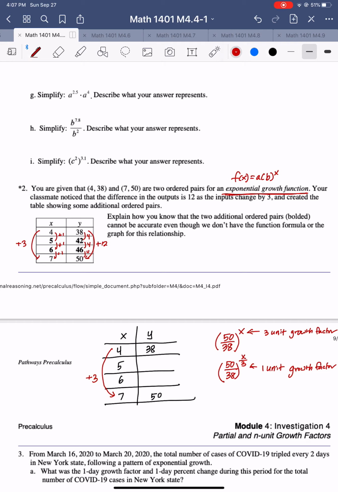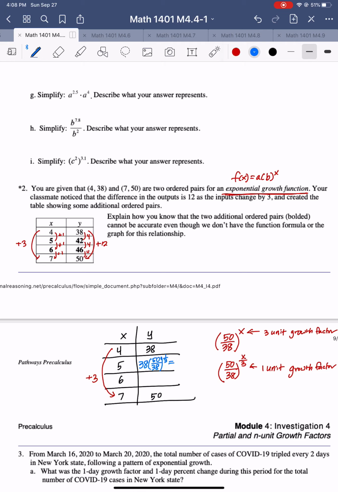So what I do is x is increased by 1. So you got 4 with 38, right? And then whatever the previous number is, which is 38, I'm going to multiply by 50 over 38 to the 1/3 power, as a 1 unit growth factor instead of the 3 units.